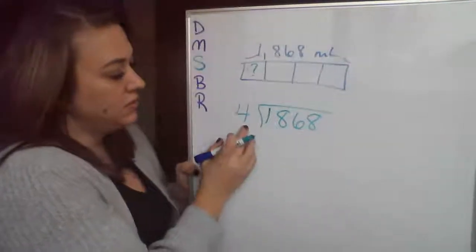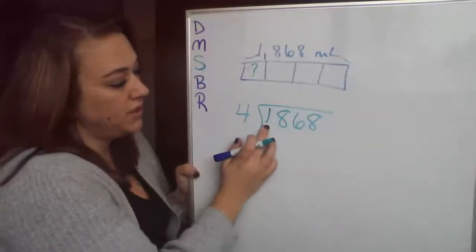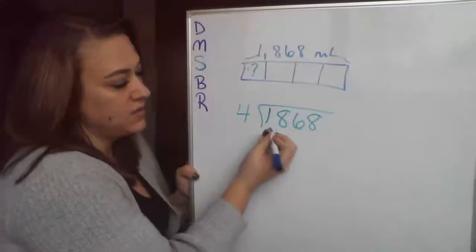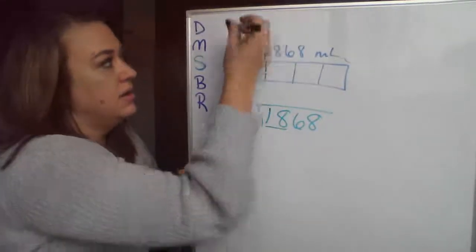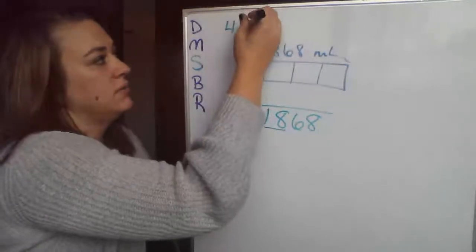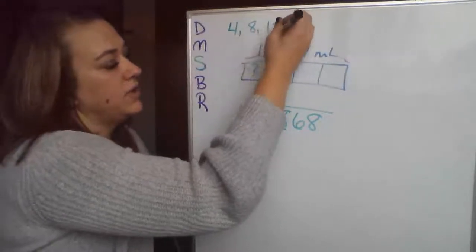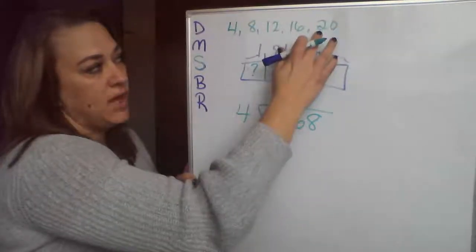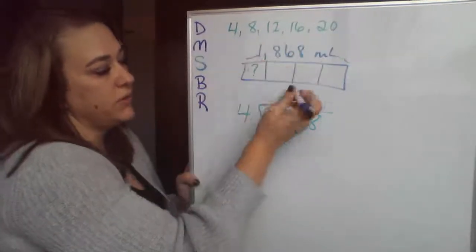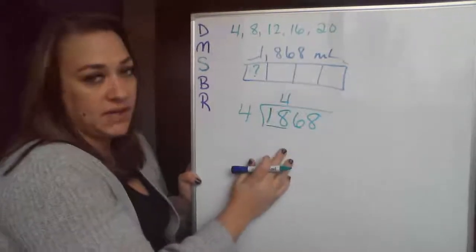Okay. So our divisor is 4. 1 is less than 4, so I need to look at 18. How many groups of 4 can I make out of 18? Well, we can skip count. 4, 8, 12, 16, 20. 20 is too many. So 1, 2, 3, 4 groups can be made out of 18.